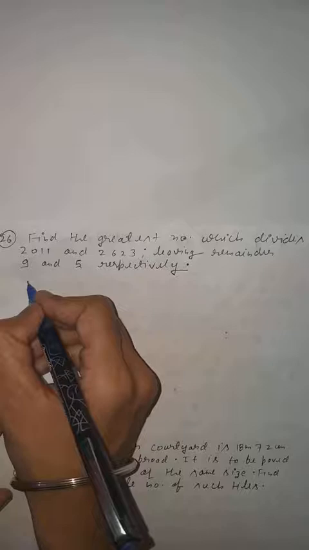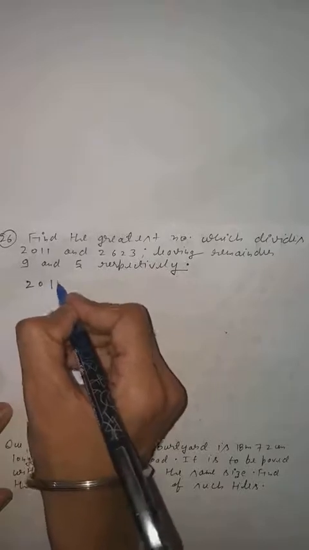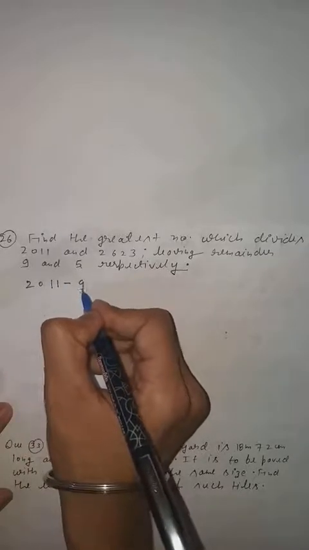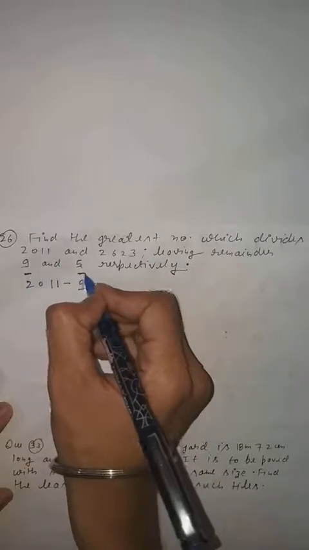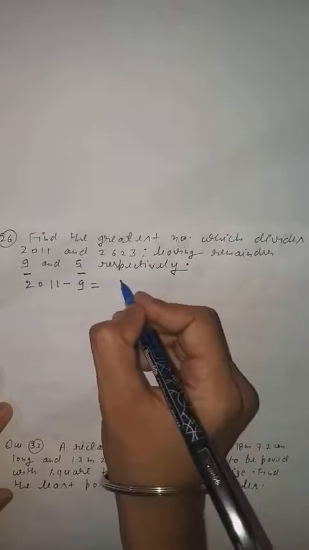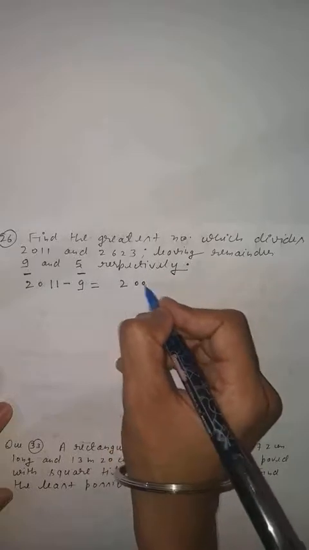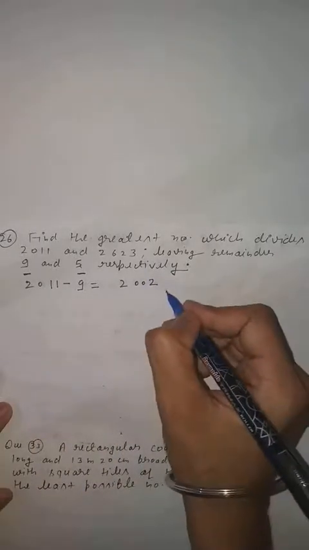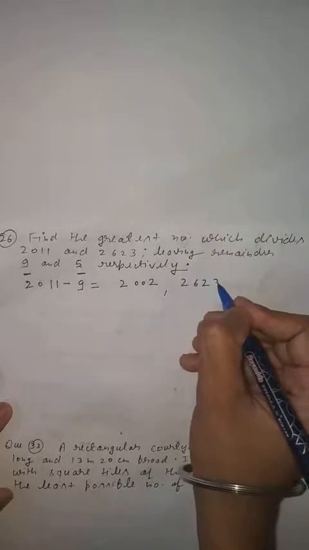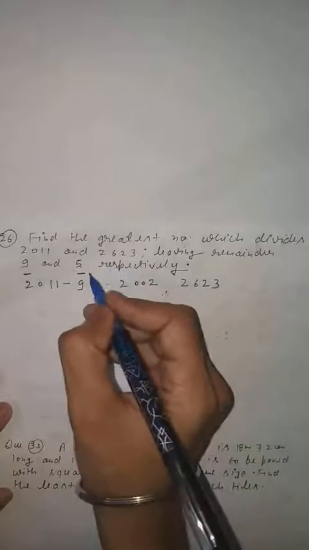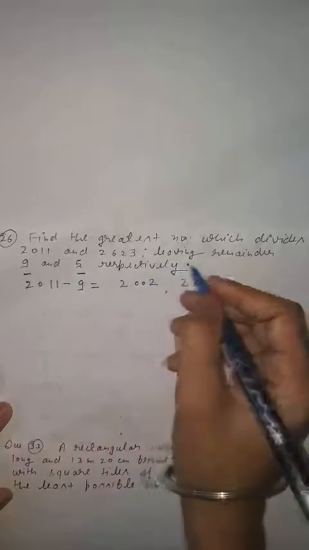So how do you solve this question? First you will subtract the remainder from the given number, 211 minus 9. Clear, students? Because this is the remainder for this and this is the remainder for that. So it will come 2002.